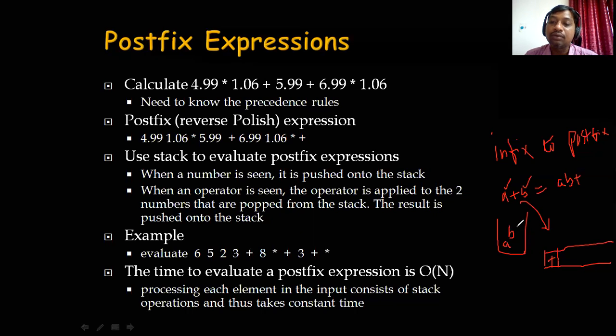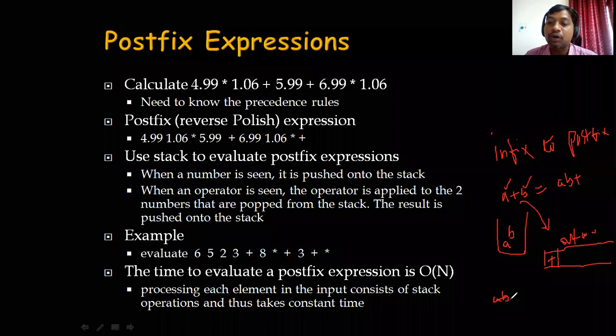Now we have a and b on top of the stack and plus in the output array, or say operator array. Now what we have to do is pop off these a and b.